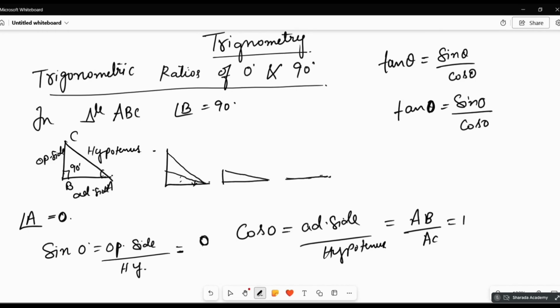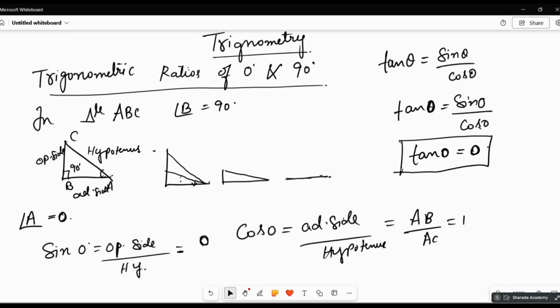Sine 0 is 0, cos 0 is 1. 0 by 1 is what? 0. So tan 0 degree will be equal to 0. Understood now? So sine 0 is 0, cos 0 is 1, and tan 0 will be equal to 0.